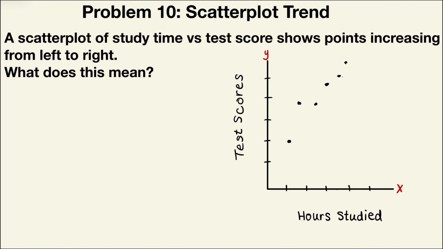Here in problem number 10, it reads, a scatter plot of study time versus test scores shows points increasing from left to right. What does this mean? So think about and look at the trend line that you see here. It is increasing from left to right, and so that tells you that as study time increases, so does test scores.